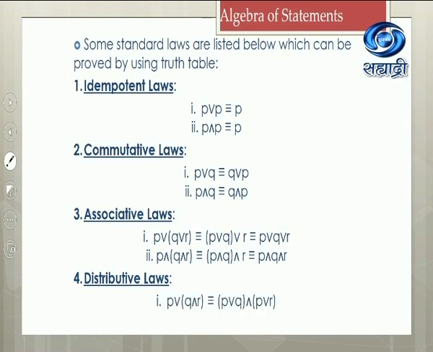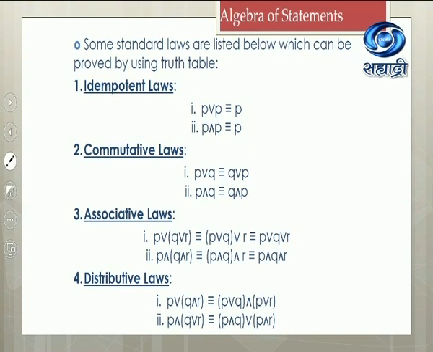Next, see distributive laws. P or (Q and R) is equivalent to (P or Q) and (P or R). Next is P and (Q or R) is equivalent to (P and Q) or (P and R). Here observe that both connectives are there. So there is or, and in the bracket there is and. So when you open the bracket, it becomes (P or Q) and (P or R), and P and (Q or R) will become (P and Q) or (P and R).